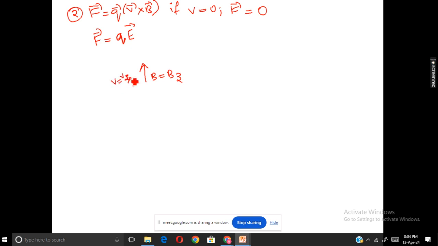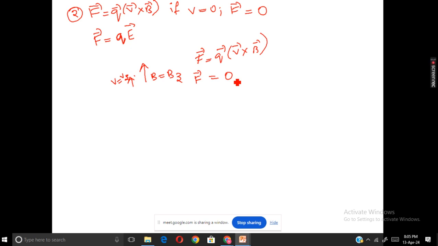So that's what it says. Magnetic field exerts force on a charge moving parallel to the direction of the field. If it is having the same direction, then F is equal to q v cross B. So v and B are along k itself. So the cross product will give you F is equal to 0. So the magnetic field doesn't exert force on a charge that is moving parallel to the direction of the field, which means the third one is wrong.